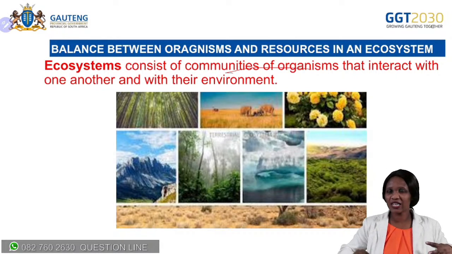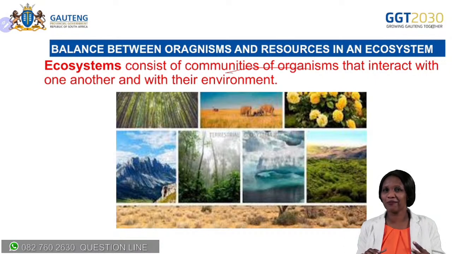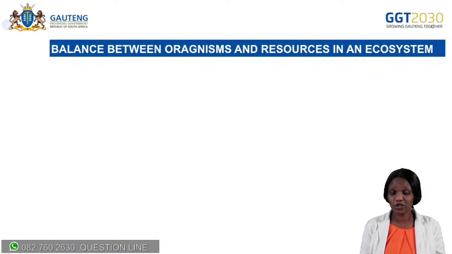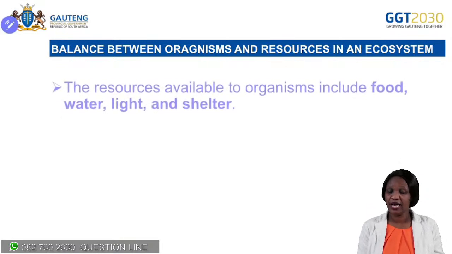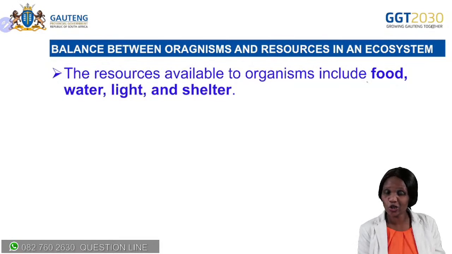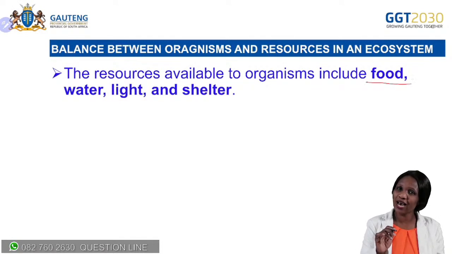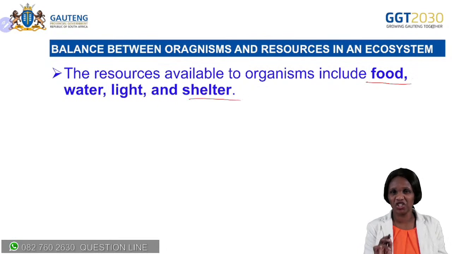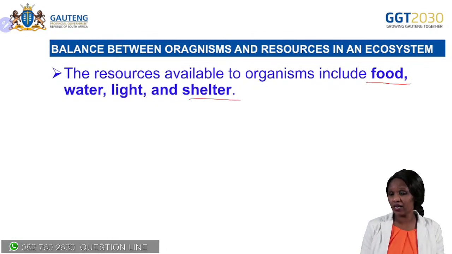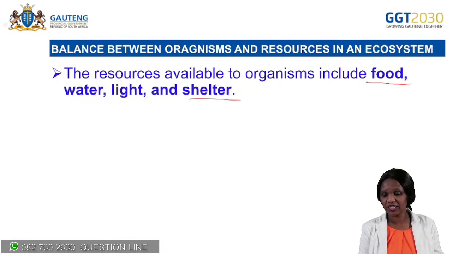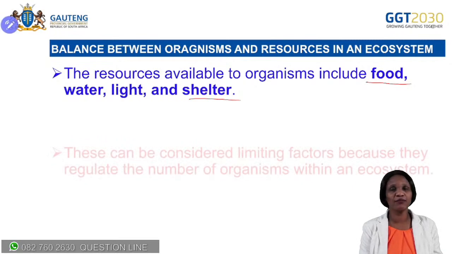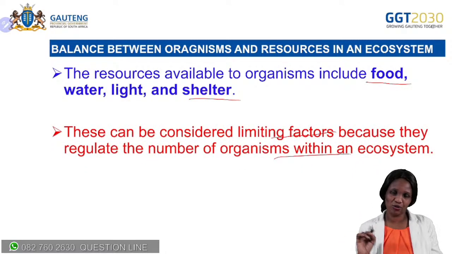Why? Because their fur protects them from what? From the cold. Let's move on. The resources available to organisms include what? It includes food, water, light, and even shelter. Okay. And then this can be considered limiting factors because they regulate the number of organisms within an ecosystem.